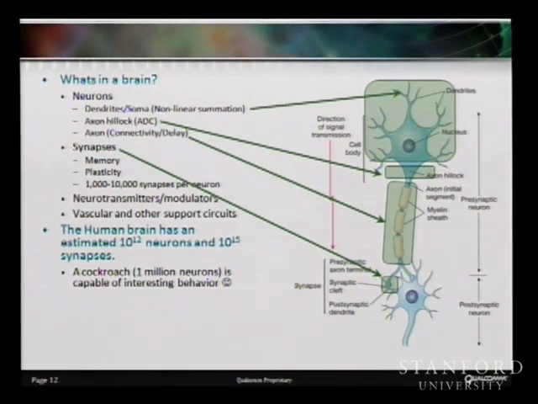A cockroach can run around, escape predators, find mates, find food, and it's a very successful animal. Similarly with small mammals, a rat has about 15 million neurons in its brain. So we think those are more tractable problems for simulations.